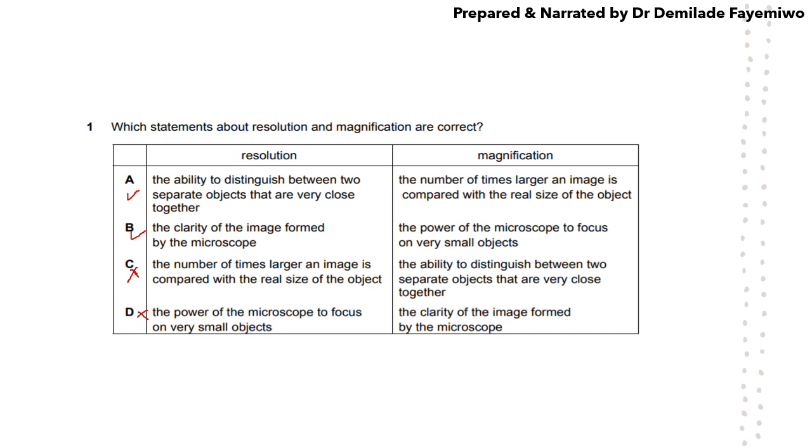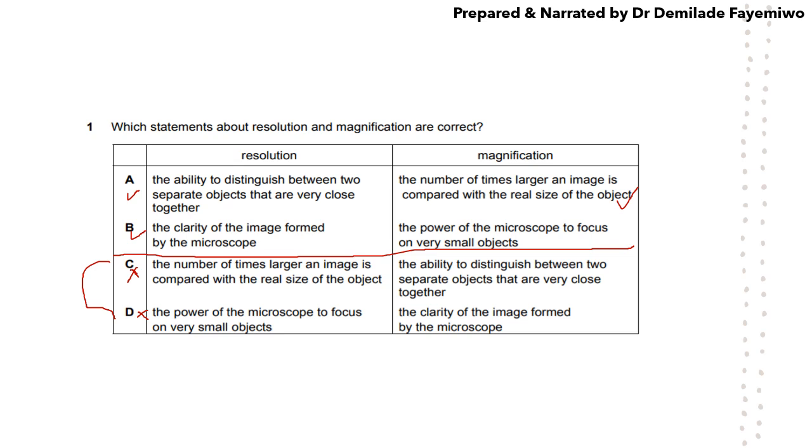So we can say now that we've done a 50-50 split over here, where we're basically saying C and D cannot be possibilities. The answer is either A or B. Now let's look at A. So we know that A for resolution is correct. For magnification, it says the number of times larger an image is compared with the real size of the object. That's true. And B says the power of the microscope to focus on very small objects.